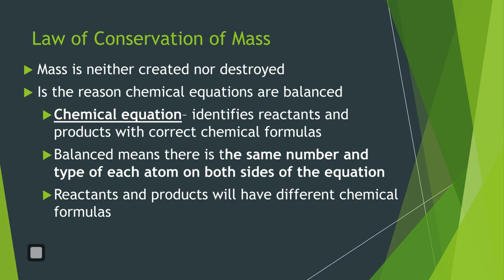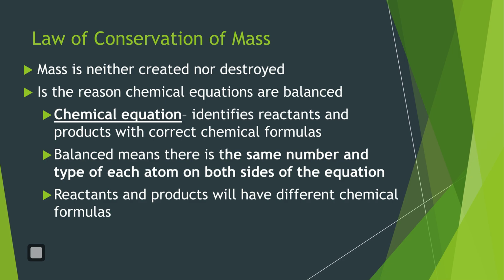What we say is you cannot create or destroy any mass. So if you have 1 atom of magnesium on the left side, but 3 atoms on the product side, that does not make sense. You can't just create 2 more atoms. There must be 3 atoms of magnesium at the beginning and 3 atoms of magnesium at the end. They just have rearranged where they might be.